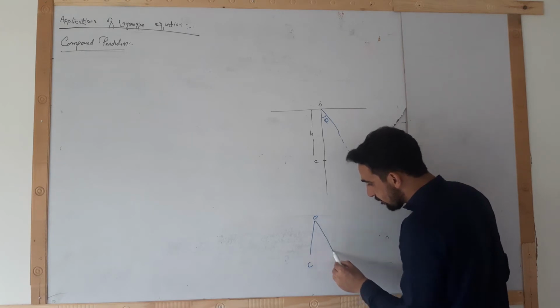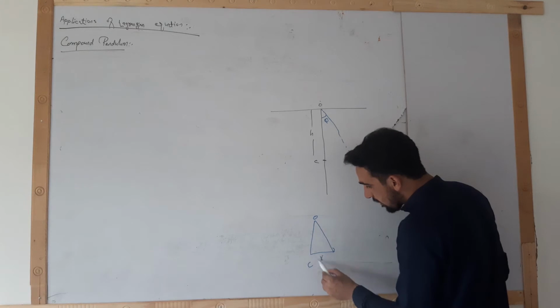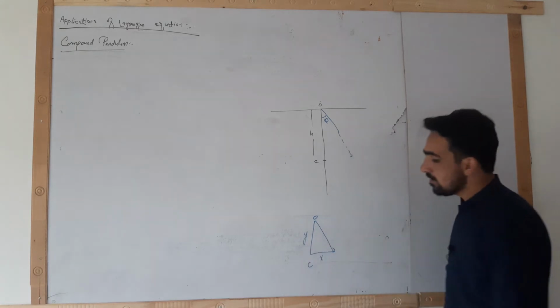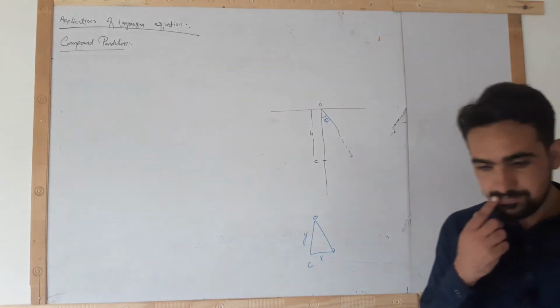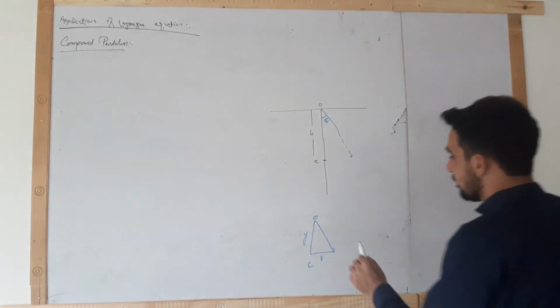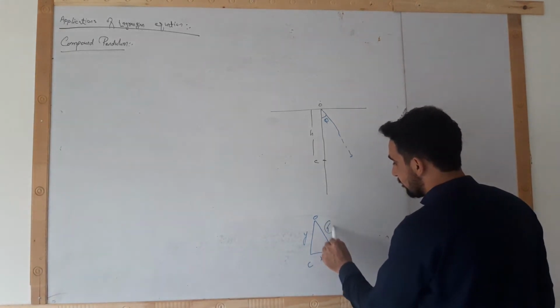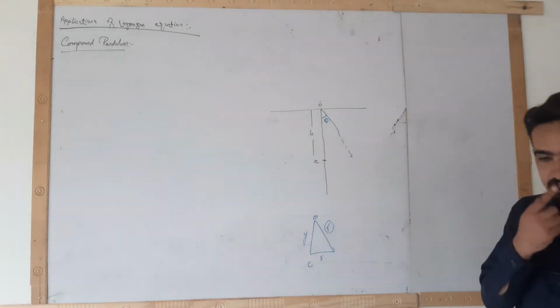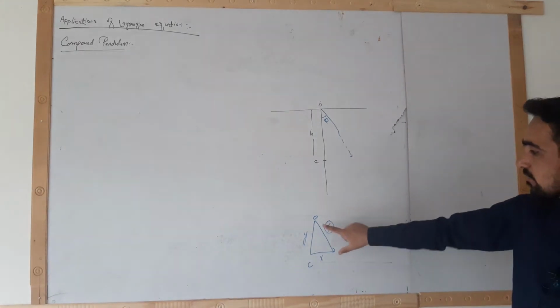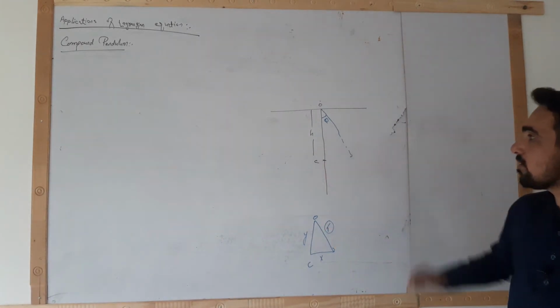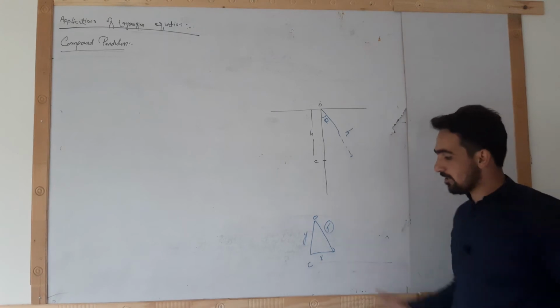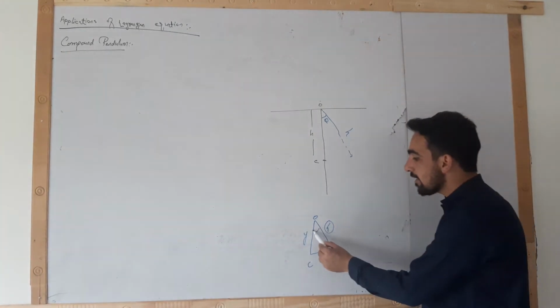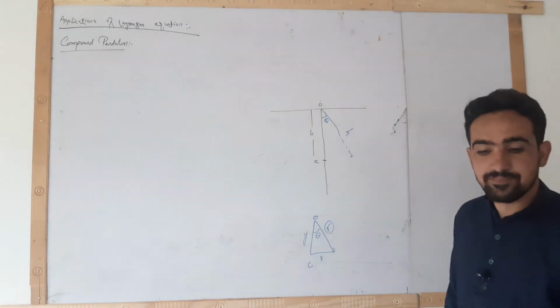Here we have the x-axis and this is our y-axis, and this is the height h through which we have oscillated this compound pendulum, and here we have an angle of theta.